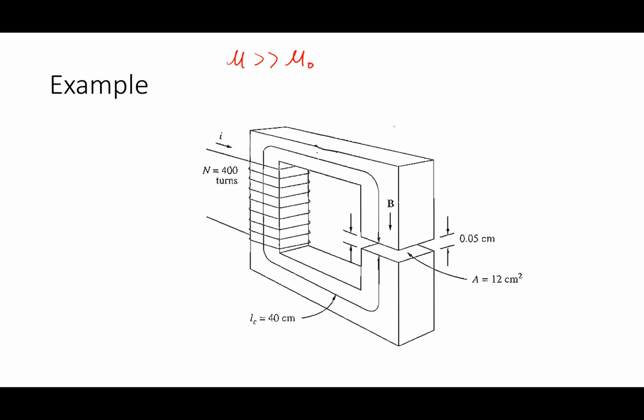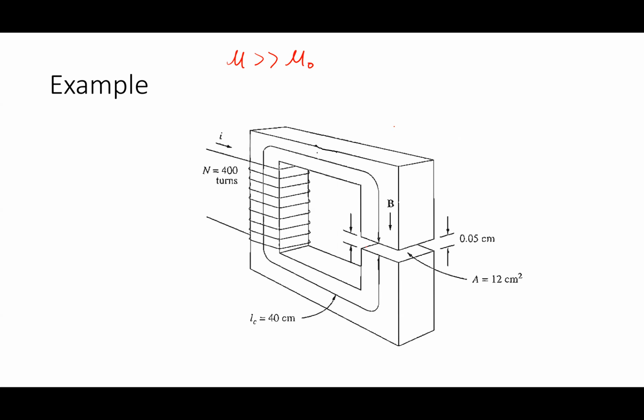Inside. Now, when it gets over to this gap, it's going to jump the gap. As long as the gap's small, it's going to jump right across. If the gap's big, it's going to do a lot of what I call fringing. It's going to kind of go around it. I don't want to deal with that because that's a little complicated. I'm going to think of that gap being real small so that most of the field just jumps right across it. Okay, so what's the direction of the flux?